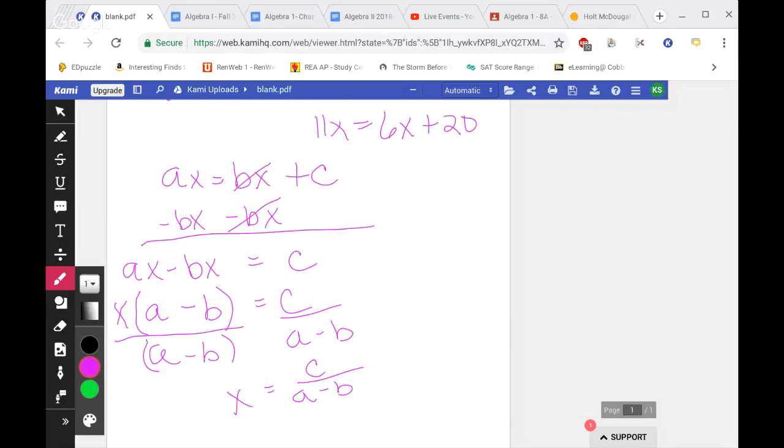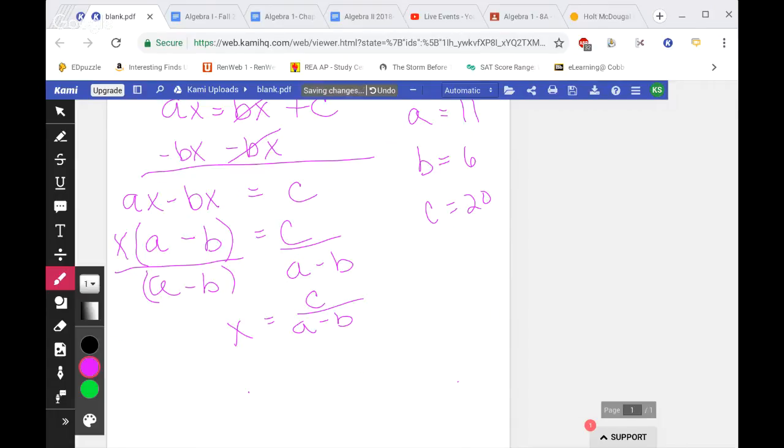So the next step is we're going to identify the values. By that, I mean whatever number it is for each one of these variables. So a in this equation is 11. Does that make sense to you? And b is 6, and c is 20.